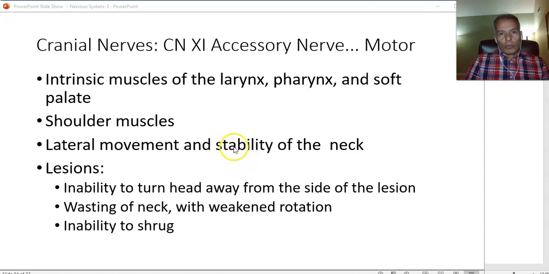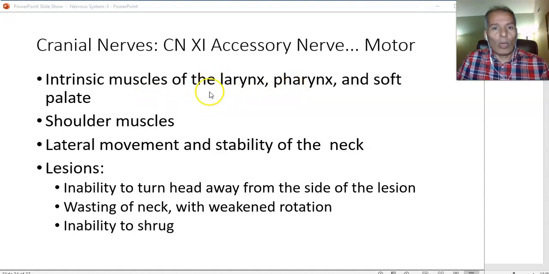Now we move to the accessory nerve, number 11, called the accessory nerve. The functions of it are motor, and it innervates the intrinsic muscles of the larynx and the muscles of the pharynx. So what are the intrinsic muscles of the larynx?